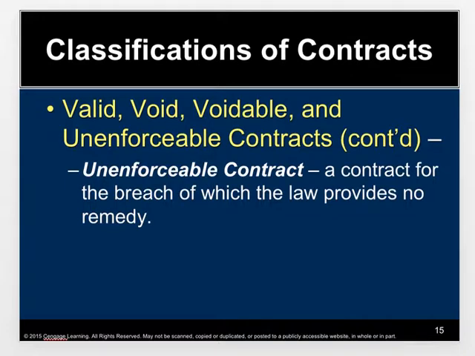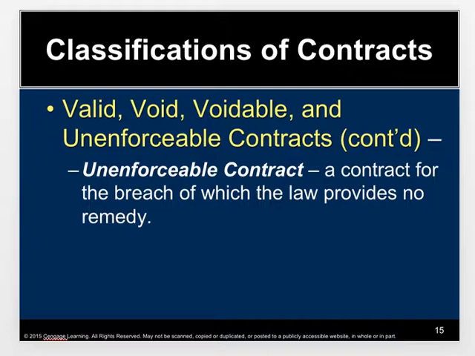An unenforceable contract is a contract for the breach of which the law provides no remedy. So again, those are contracts that are unenforceable. Contracts that are against public policy, for example, would be unenforceable.